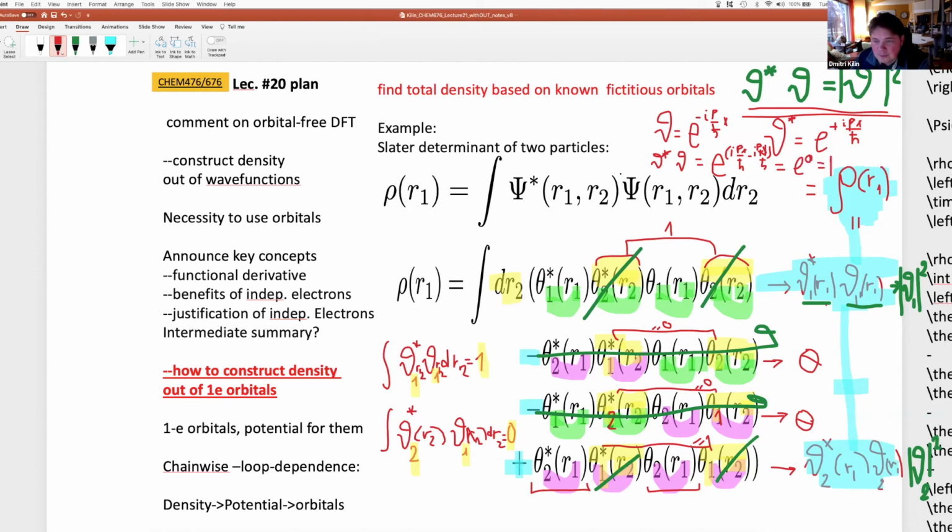So the multiplication by the complex conjugate is equivalent to the absolute value squared. And wave functions are already normalized, the absolute value squared is 1.